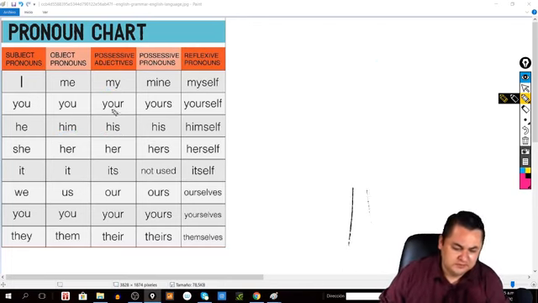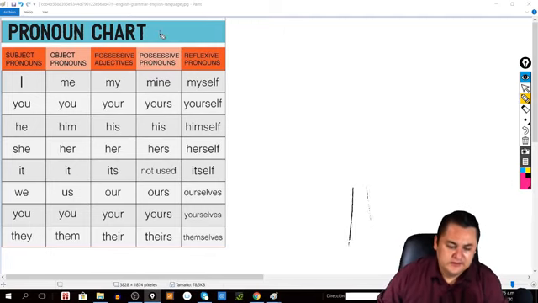The following rule is related to the possessive pronouns. The words mine, yours, his, hers, not used for it, ours, yours, and theirs. Number 1. We use possessive pronouns after the verb to be.